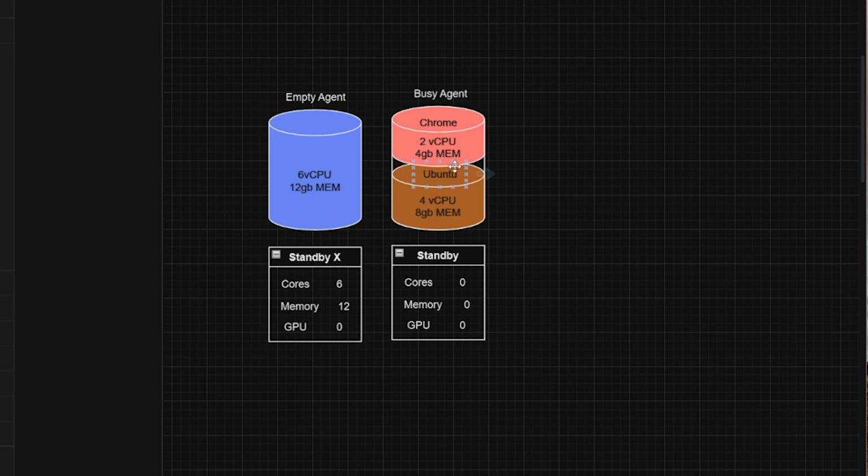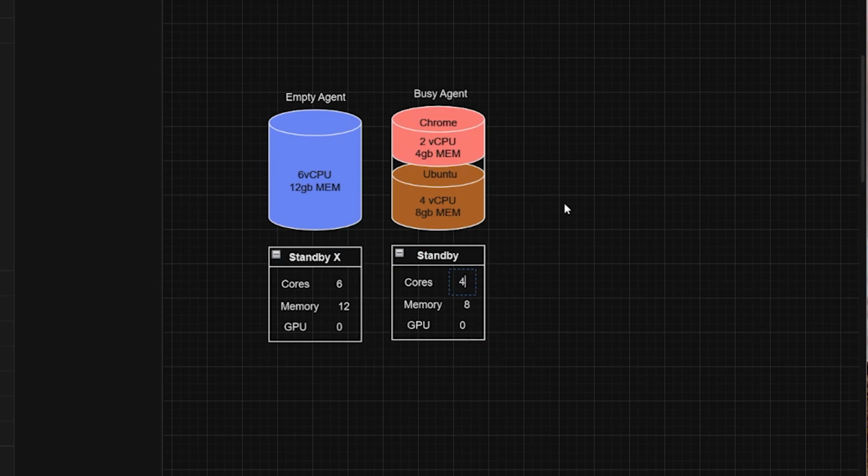Now, whenever we populate this agent with these workspaces, what we can actually see is that the standby cores, which are the available 6 cores and 12 gigabytes of memory that we originally provisioned it with, are able to drop down to 0 as it fills up with workspaces. So whenever we provision a 2 CPU and 4 gigabyte Chrome session, it subtracts 2 CPU and 4 gigabytes of memory from the standby cores, bringing this down to 4 and down to 8.